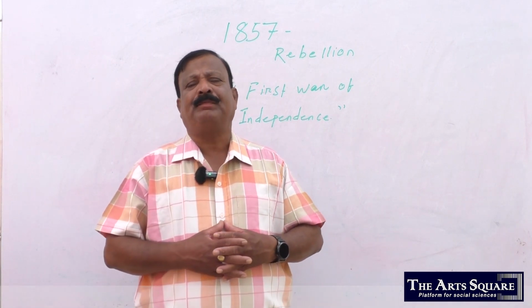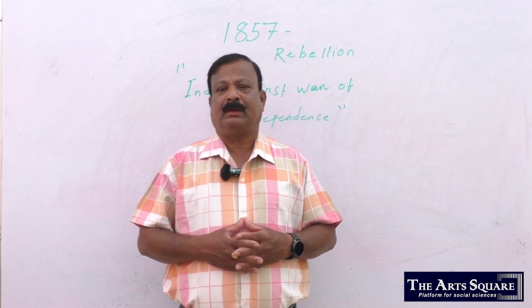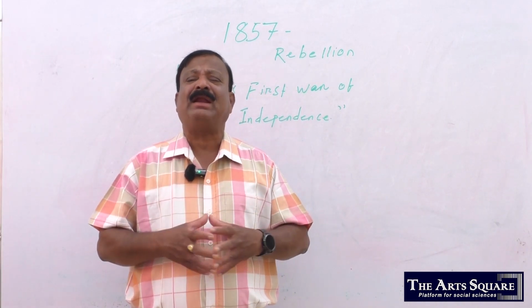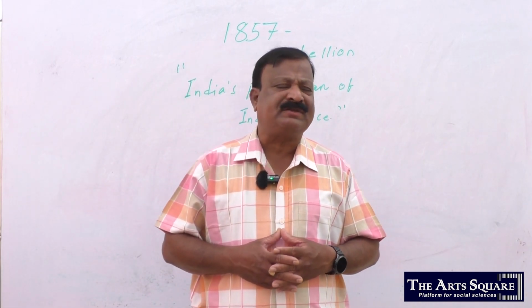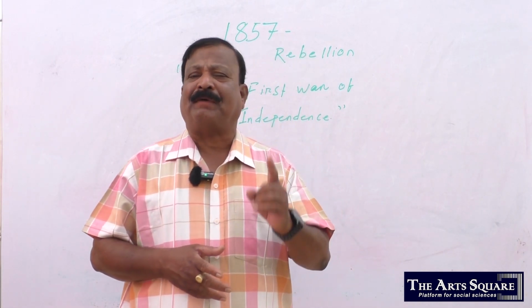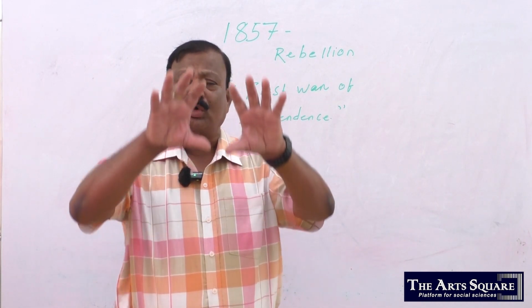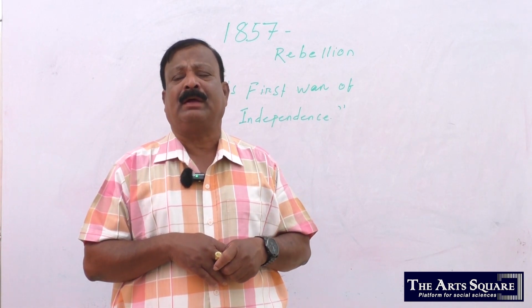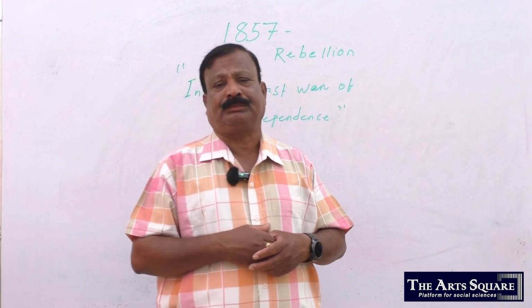Lord Wellesley was a very shrewd diplomat, and he was told in London that you are going to India as Governor General. It is your first and foremost duty to control the entire Hindustan by defeating the kings one after another.